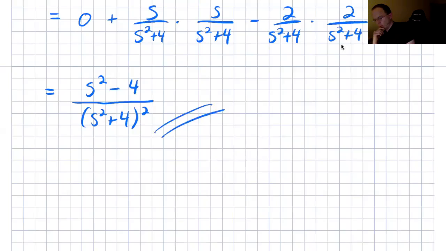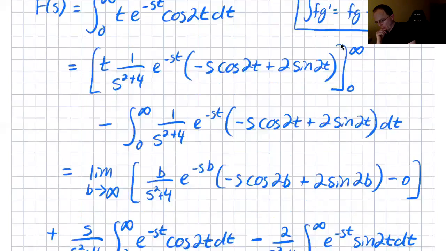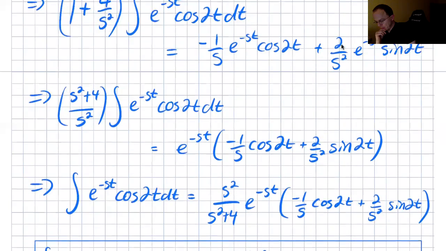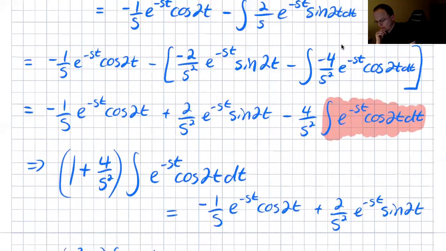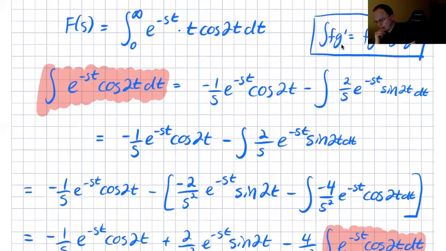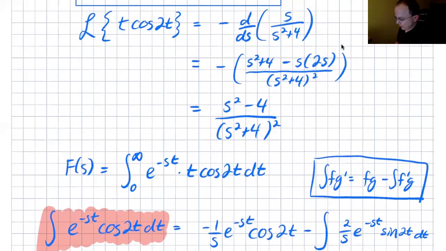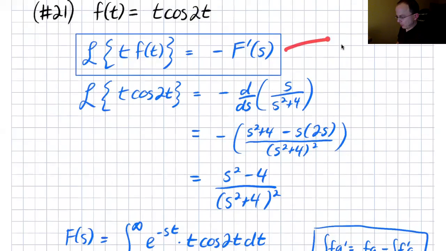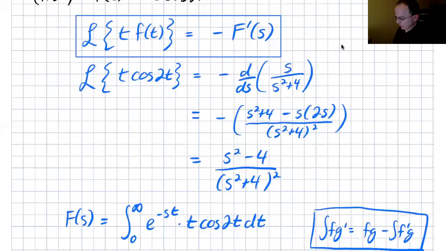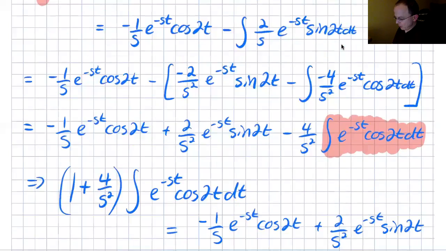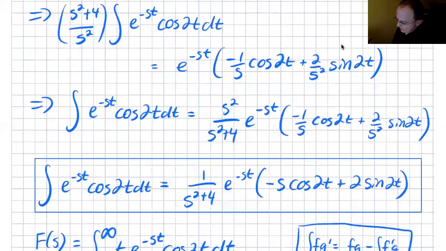Okay, so that required a lot of integration by parts, but that's the way we're able to do it. So that's what would happen if we didn't have this nice rule here. So this rule lets us do this Laplace transform in a much easier way. And without that, we have to do a lot of integration by parts in order to get the same answer.